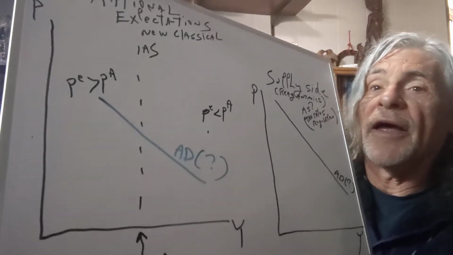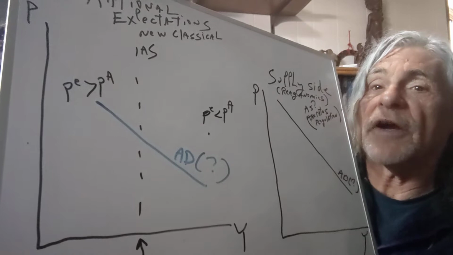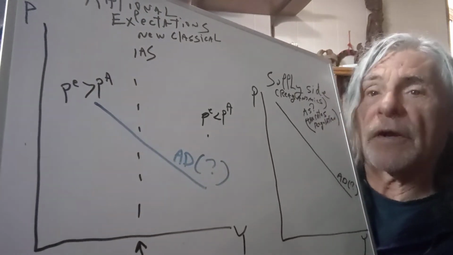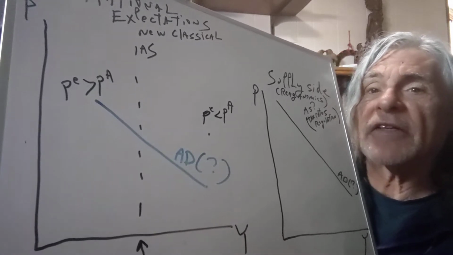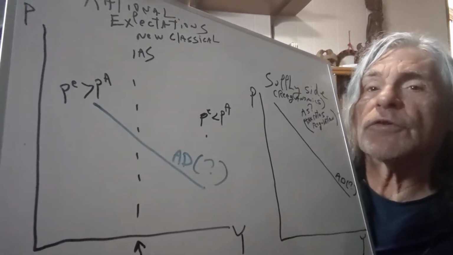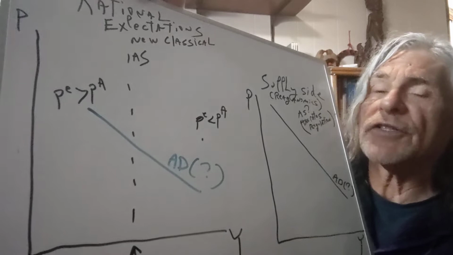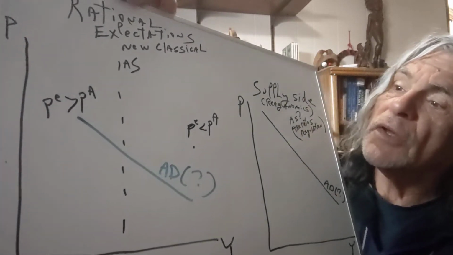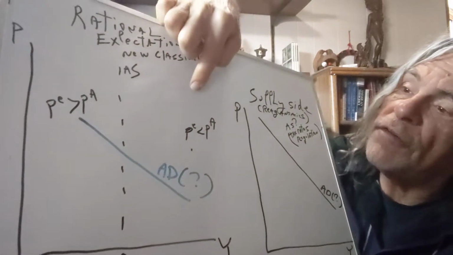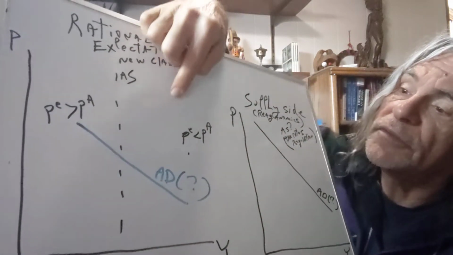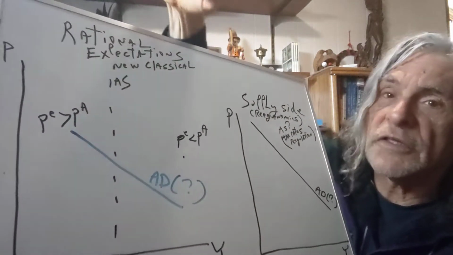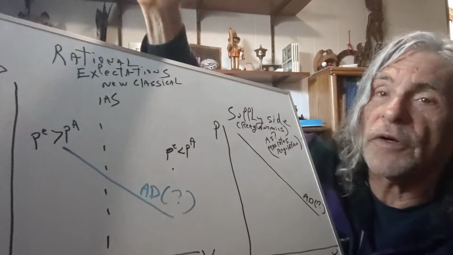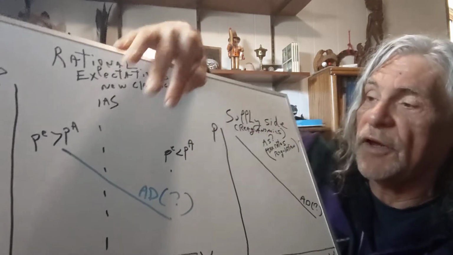Okay? And you're going to be there when the typical worker expects the price level to be what it actually is. In other words, they guess correctly. But we're going to be off on this side, okay? In other words, the supply of goods and services is going to be greater than where it is on average, okay?